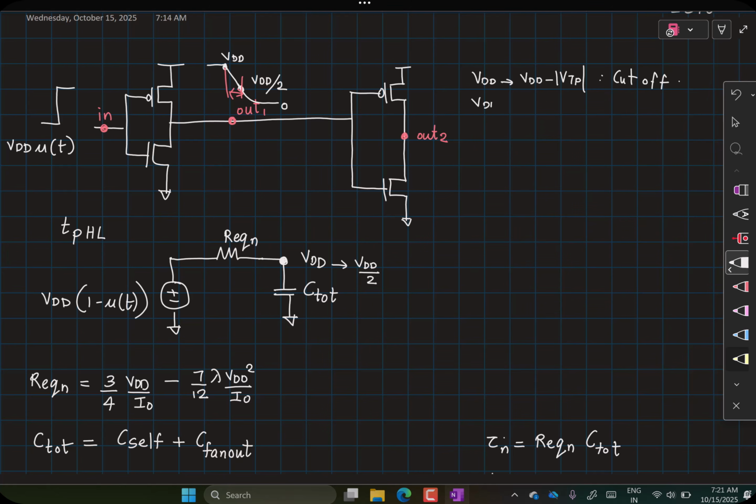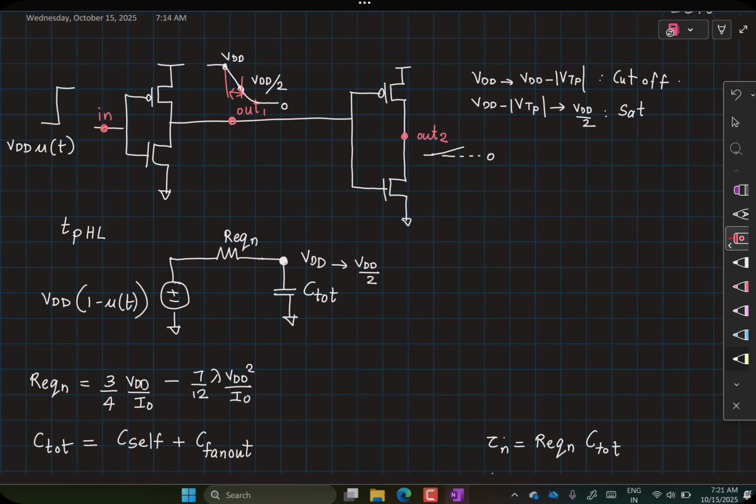Now from VDD minus mod VTP all the way till VDD by 2, the PMOS transistor is likely to be in saturation region. So we are assuming that the output is rising very slowly such that out2 can be almost assumed to be 0 here, whereas out1 has gone from VDD to VDD by 2.